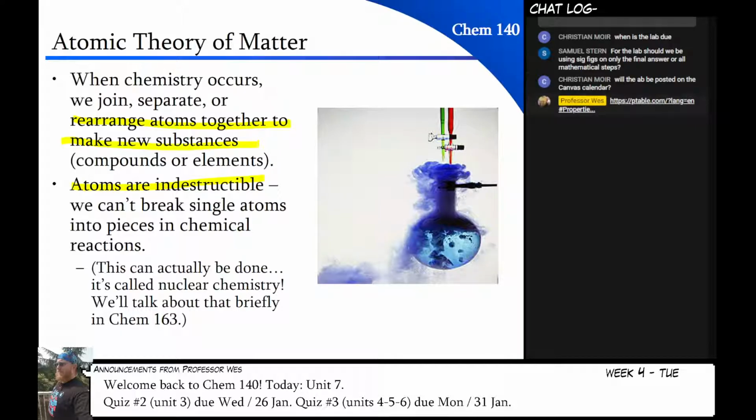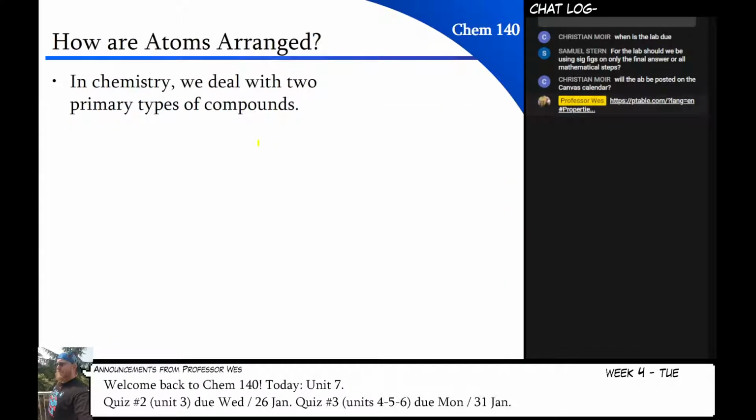So that is a thing that can happen in nuclear chemistry. However, it is not common in the laboratory that we're going to be looking in. So, we're not going to give you anything radioactive that would decay, obviously. So, we'll talk about that briefly in 163.